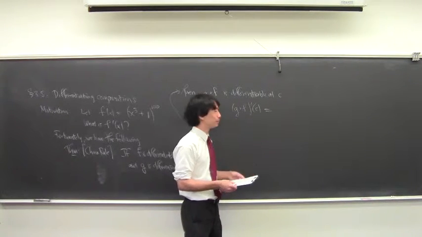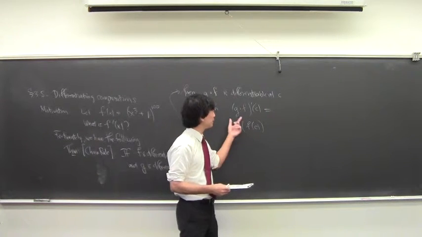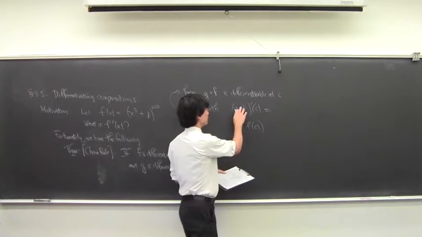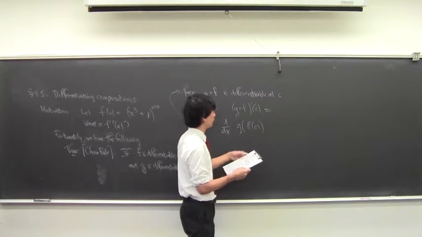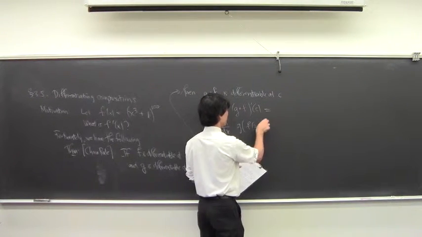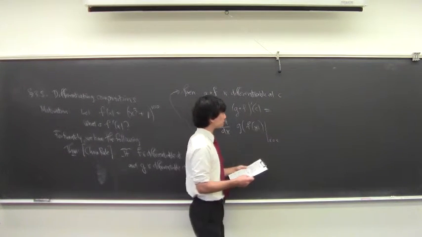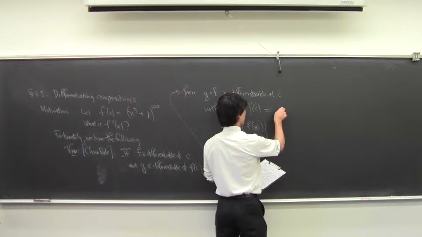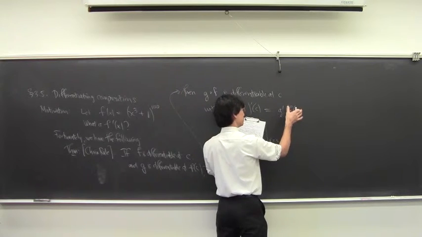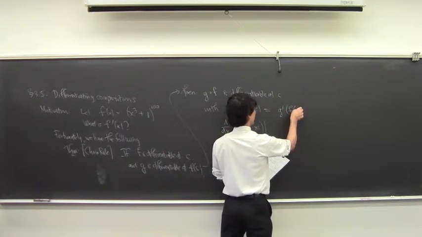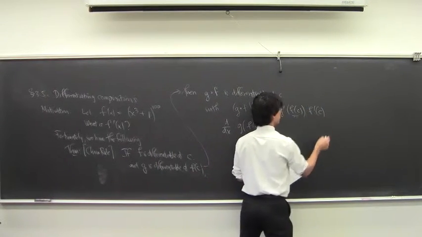Yeah. In case the composition symbol has confused you, we're taking the derivative of this thing evaluated at c. As Sarah says, this will be g prime, the derivative of the outside function, evaluated at the inside function, times the derivative of the inside function evaluated at c.